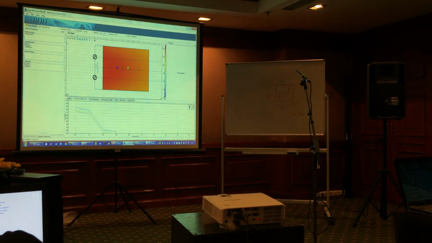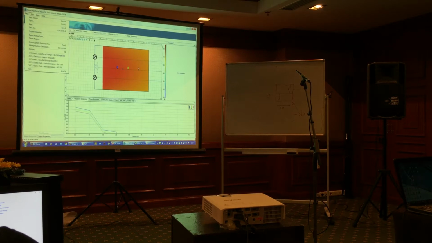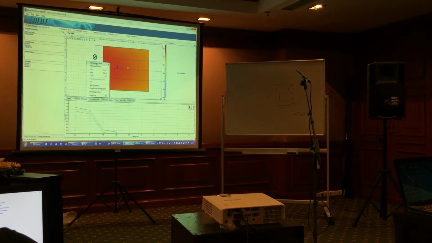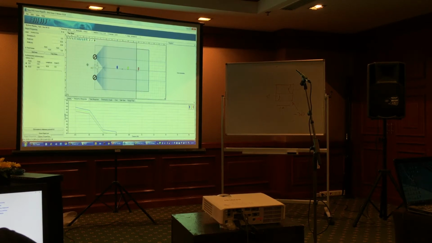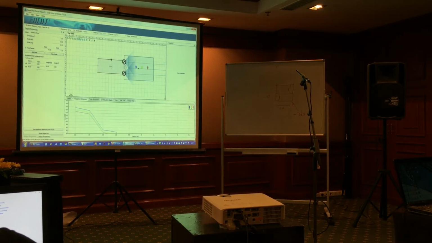But if I add an audience area, for example to simulate a stage, I can add an area to simulate the stage. Okay, something like this.